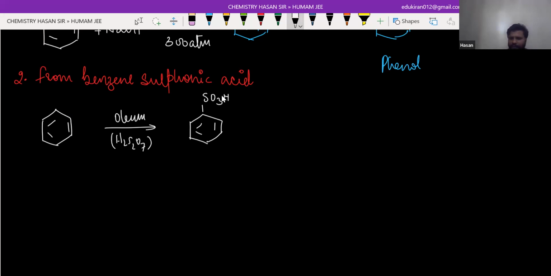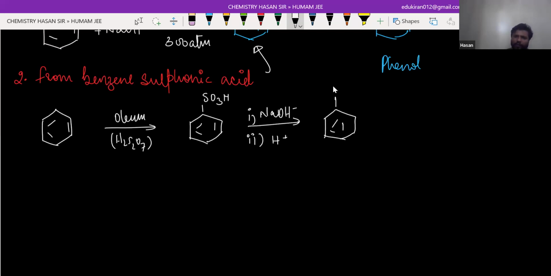Very simple. After this, first you are going to react this with NaOH. So again this phenoxide ion will form, followed by H plus, HCl. That Na plus will be converted directly into OH, phenol. So I think it's very easy.